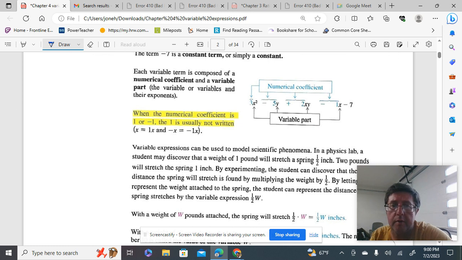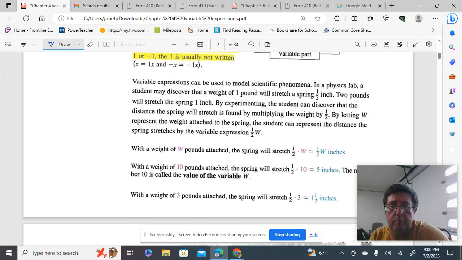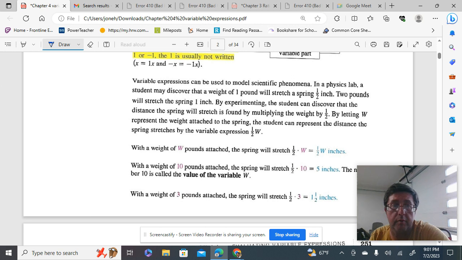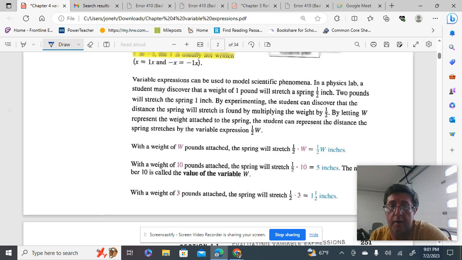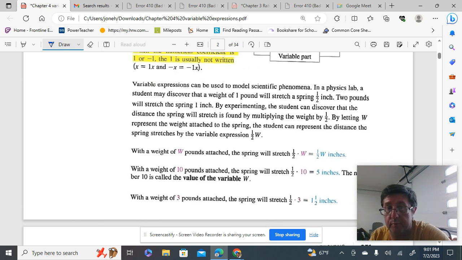Each variable term is composed of a numerical coefficient and a variable part, the variable or variable and exponent. So you have the variables, you have exponents on them. We'll get into simplifying the variables later on, but unless the variables are exactly the same, you cannot add or subtract them or group them.